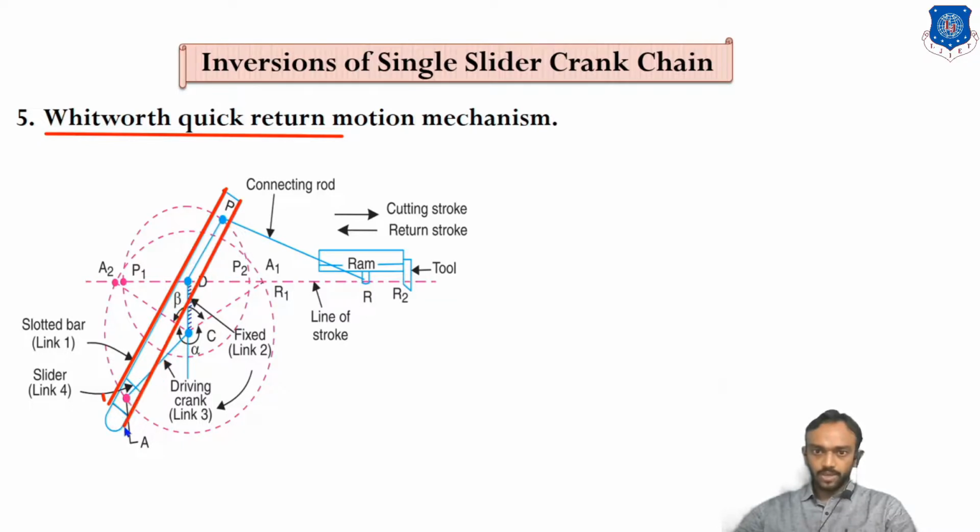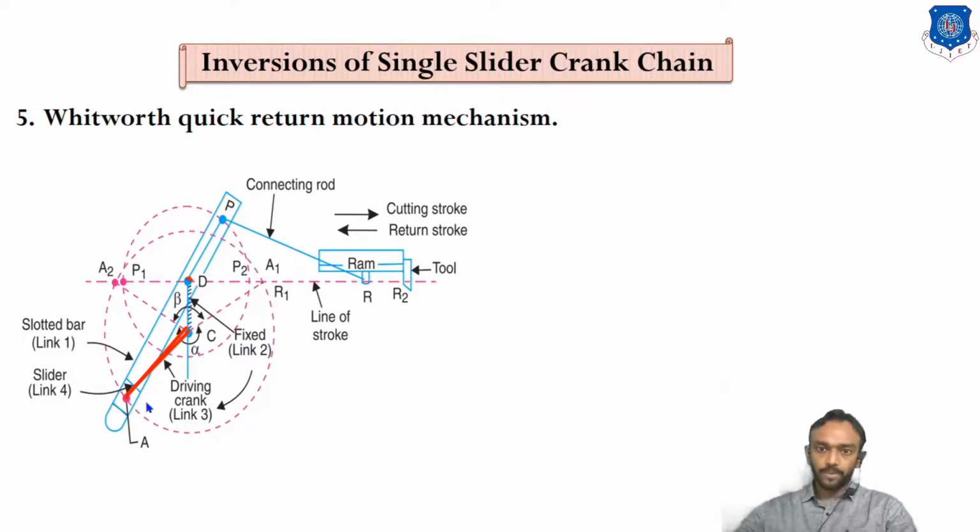In this slotted bar, you can see the crank which is rotating, and there is a piston, and with respect to this piston, this whole slotted bar also rotates, but the center of the crank and the center of this slotted bar are different in this case.